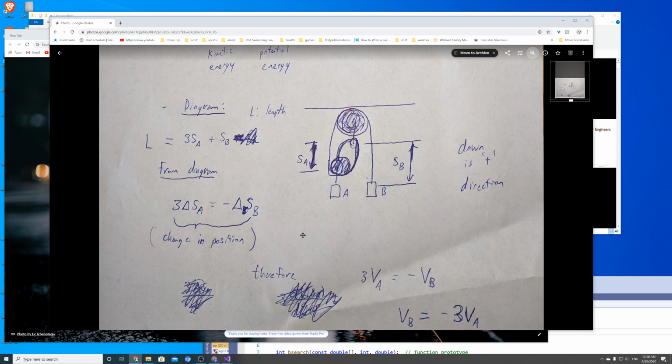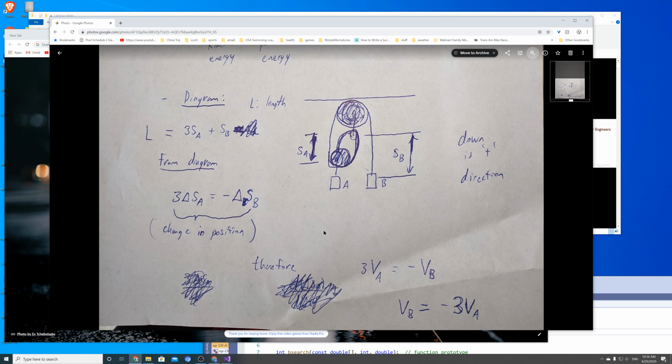So if we take this one step further, what we can say is that the velocities, if you do delta S over delta T, what you would find is this one is essentially moving at 3 times the velocity of whatever this block is moving. And since they're going in the other direction, it's just the opposite.